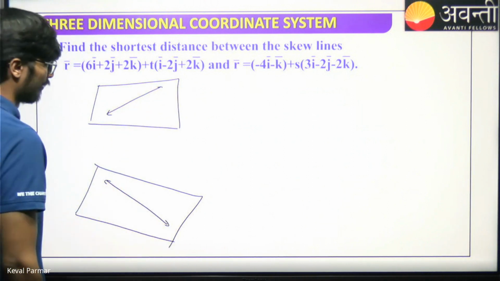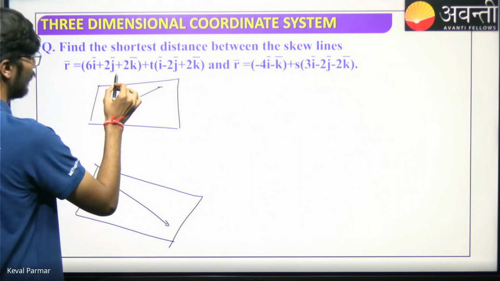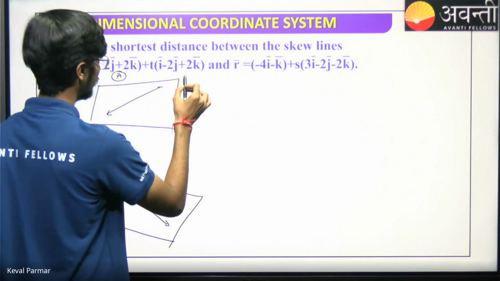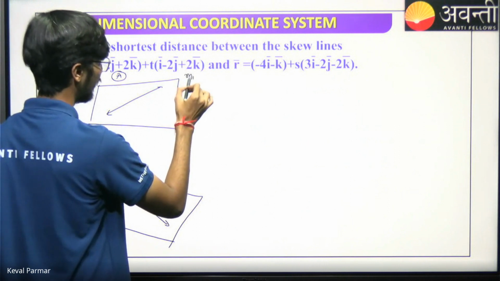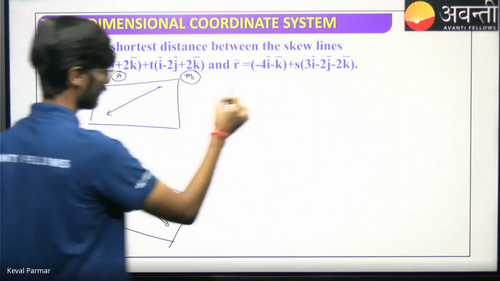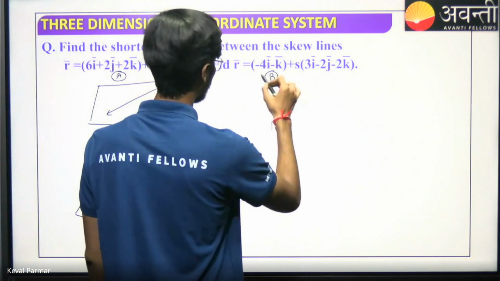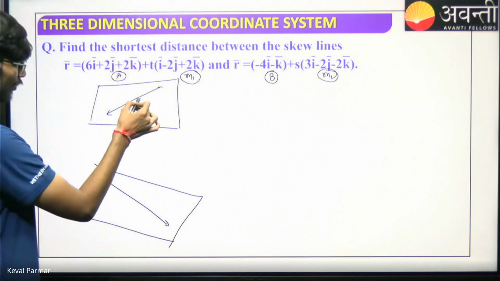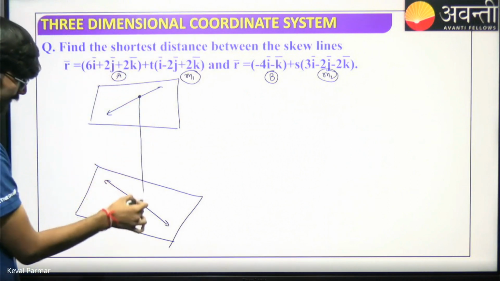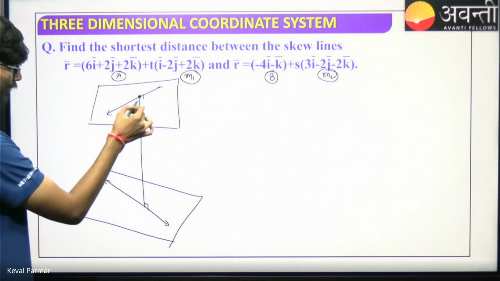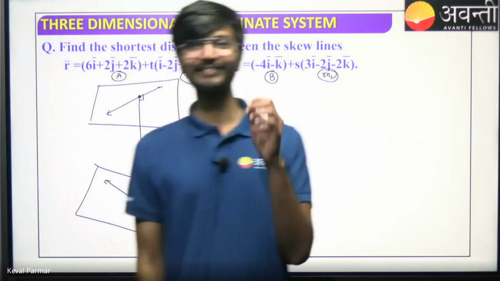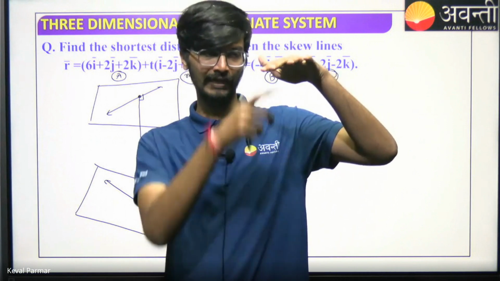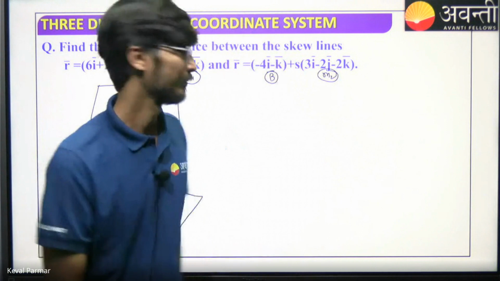Here, let's say this is point A, this is vector M1 or M1 DRs. This is point B, this is M2 DRs. So the shortest distance will be the perpendicular distance between the two. This is perpendicular to this. I hope you can imagine it in 3D, right? These are two planes, any two planes you can take, and this is the shortest distance.